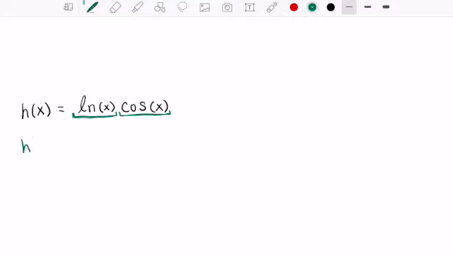So when I find h prime of x, what I'm going to do is take the derivative of the first. So the derivative of ln of x, this is a special case, is going to be 1 over x times cosine of x, plus the first, so ln of x, times the derivative of the second, which is the derivative of cosine of x, is negative sine of x.